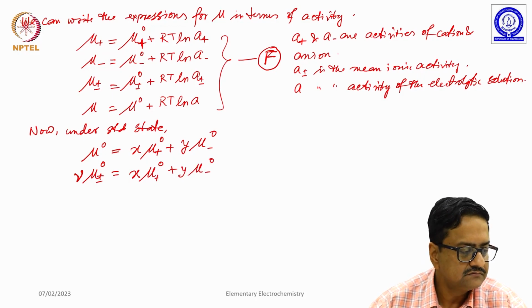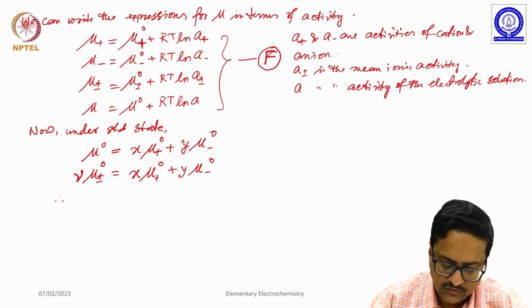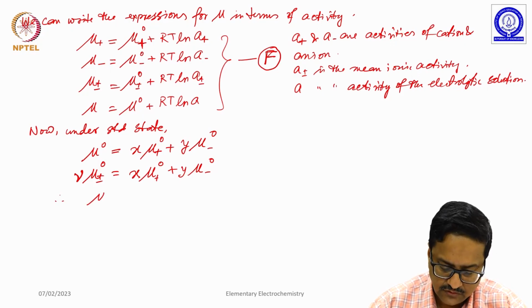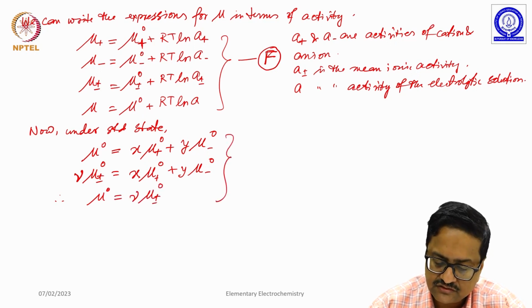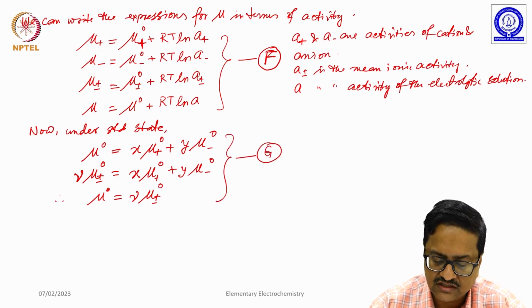Therefore, you can write that mu 0 is equal to nu into mu plus minus 0. These three equations are also termed together as equation G.